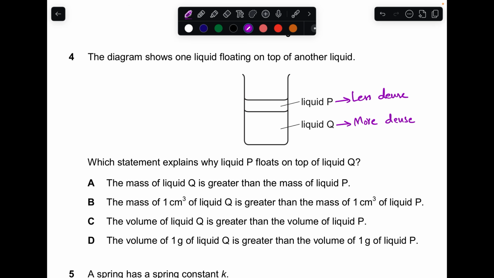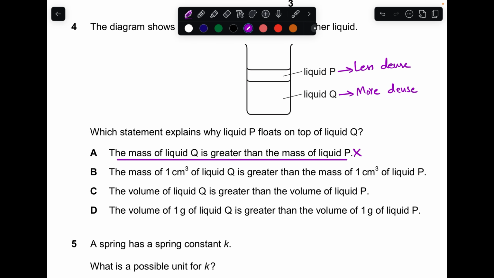So now let's analyze all the options one by one. In the first option, the mass of liquid Q is greater than the mass of liquid P. Mass will not determine which one will float and which one will sink, so this is not the criterion.